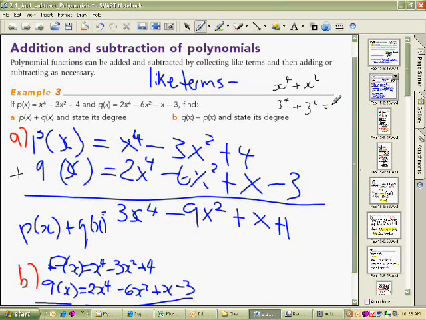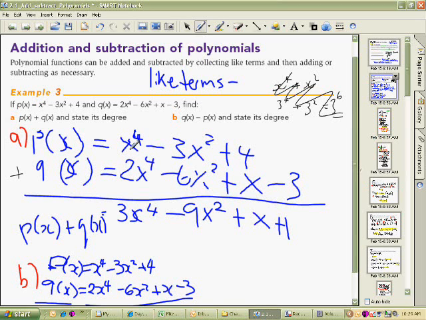Can I add those together to somehow get 3 to the power of 6 or something? Well, if you do the maths, you'll find out that it doesn't work out. If you evaluate that, it will not equal this plus this if you evaluate them out. So they are not like terms. Here, x to the power of 4, another x to the power of 4, they are like terms. So we can add those two together.